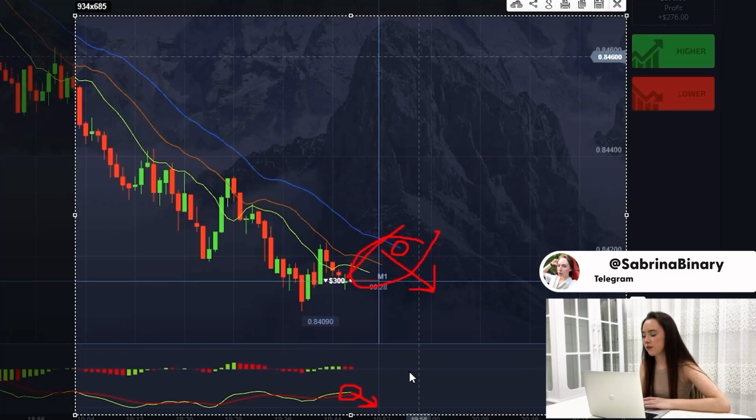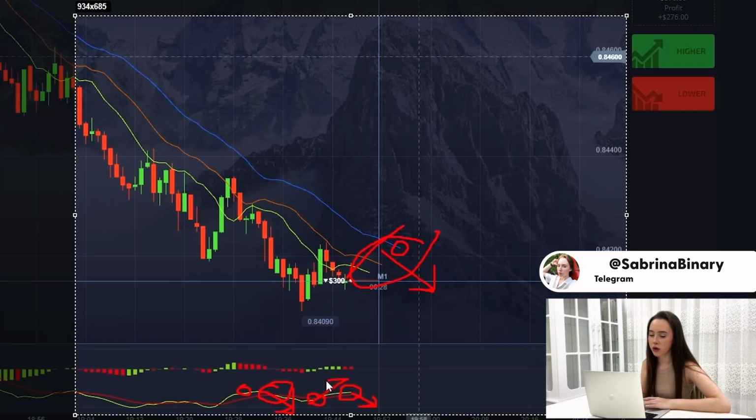According to the obtained value, the MACD line is plotted, the green one. And the main signal that the indicator gives is the intersection of the MACD line and the signal line. This is red. When the main line crosses the signal line from bottom to top, it's a buy signal.